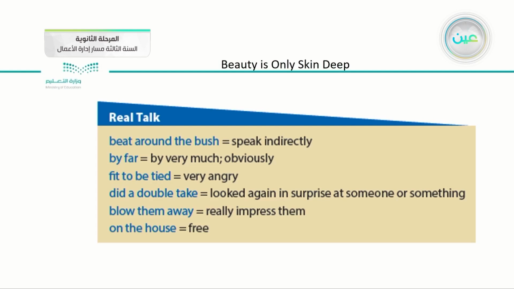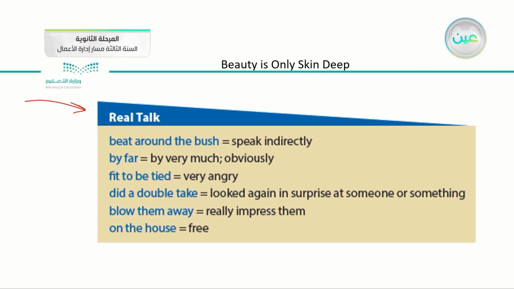After that, we will have the real talk part. We talked about the first expression, which is beat around the bush, which means speak indirectly. Number 2, by far, which means by very much, or obviously. Fit to be tied means very angry, annoyed about something.